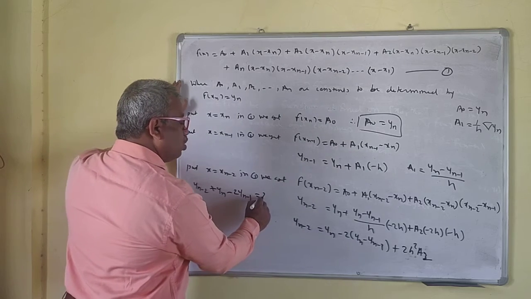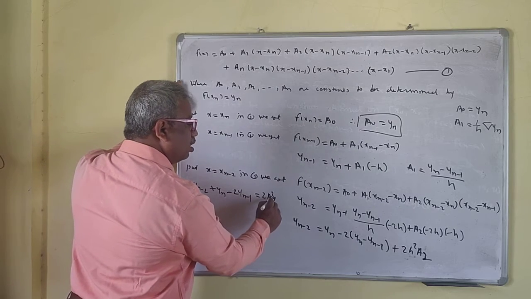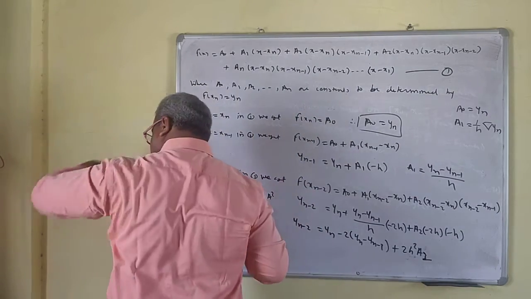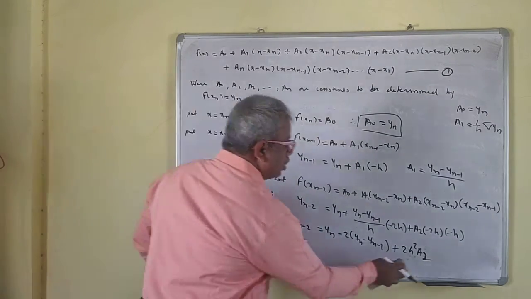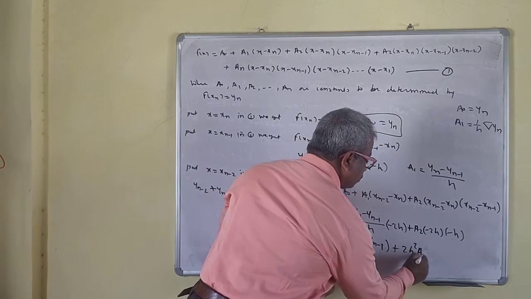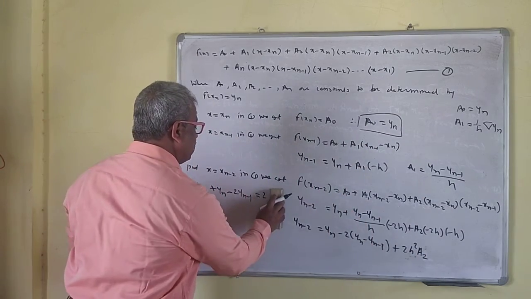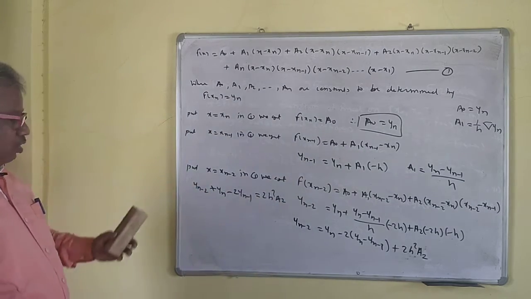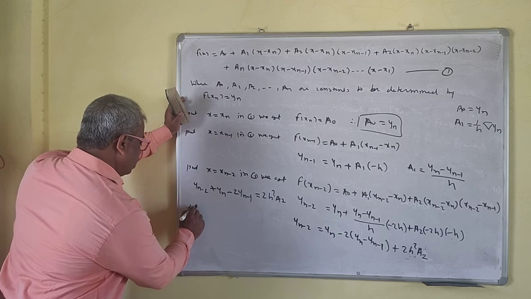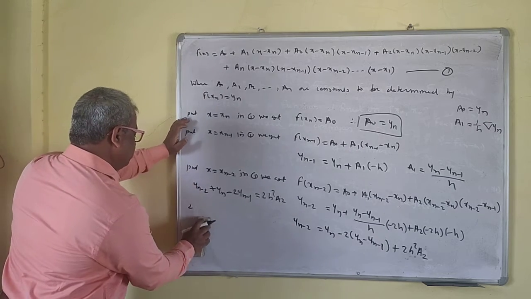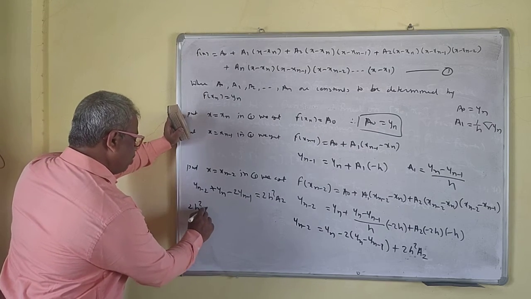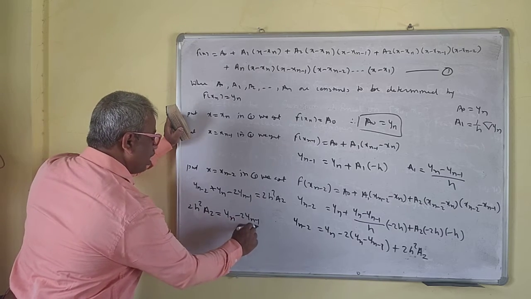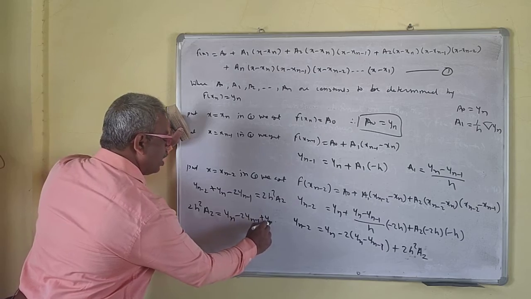So this is equal to twice h square a2, not a square. This is twice h square a2. So I write this twice h square a2 as: twice h square a2 is equal to yn minus twice yn minus 1 plus yn minus 2.